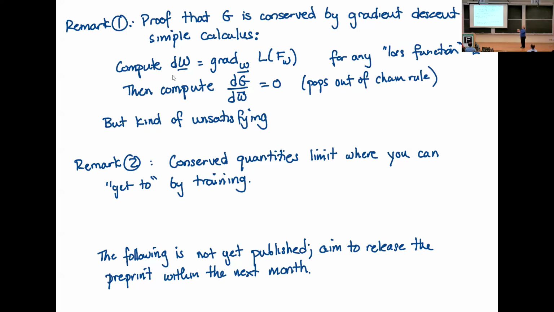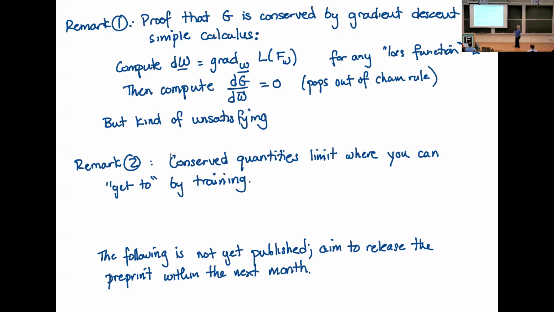And if you do write down some things involving the chain rule, it just pops out that dG in the direction of the gradient vector is 0. It's not illuminating, at least to me personally. So I wanted to understand this better, in a way that seemed more geometrically satisfying.